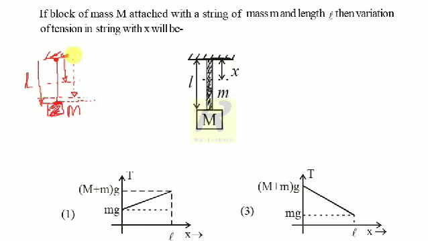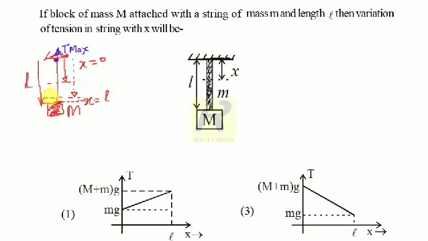That means x should vary from x equals 0 to this point, where x equals L. When x equals 0, the tension at this point becomes maximum. If you see from the bottom, the tension acting upward at that point is maximum.